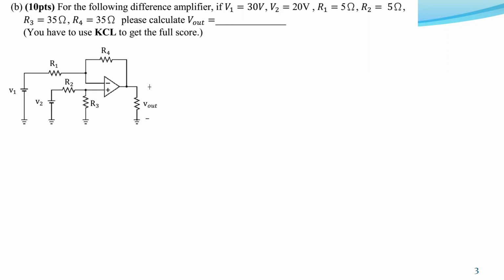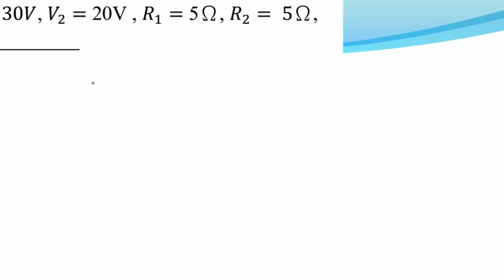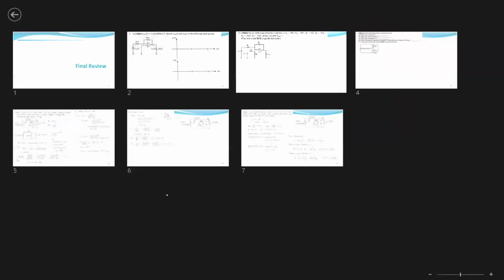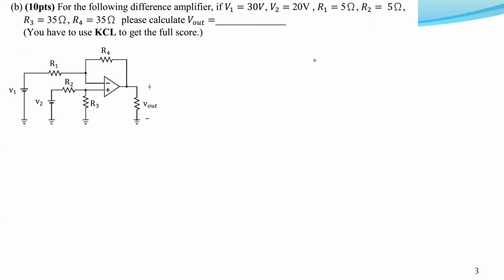Okay, so we assume this point is A, and this point is B. This is a closed loop amplifier.